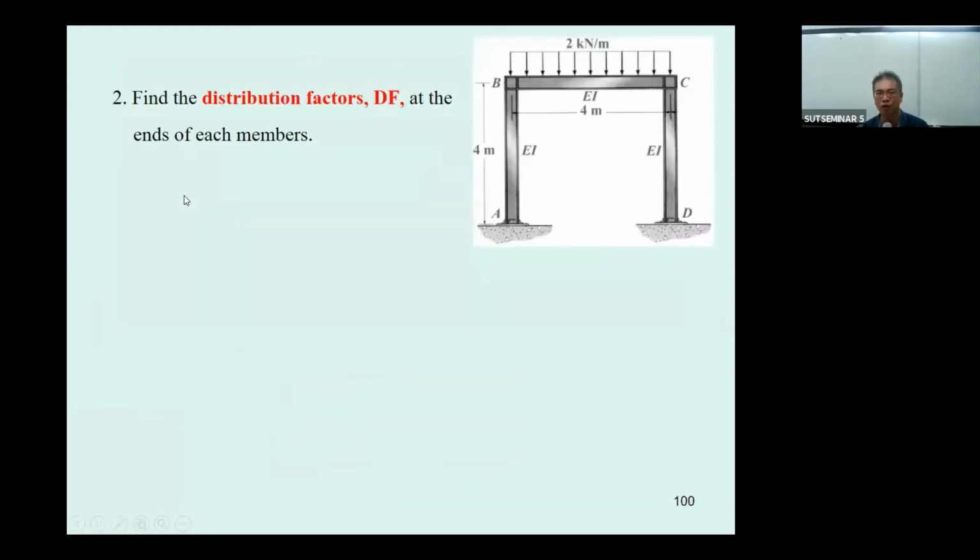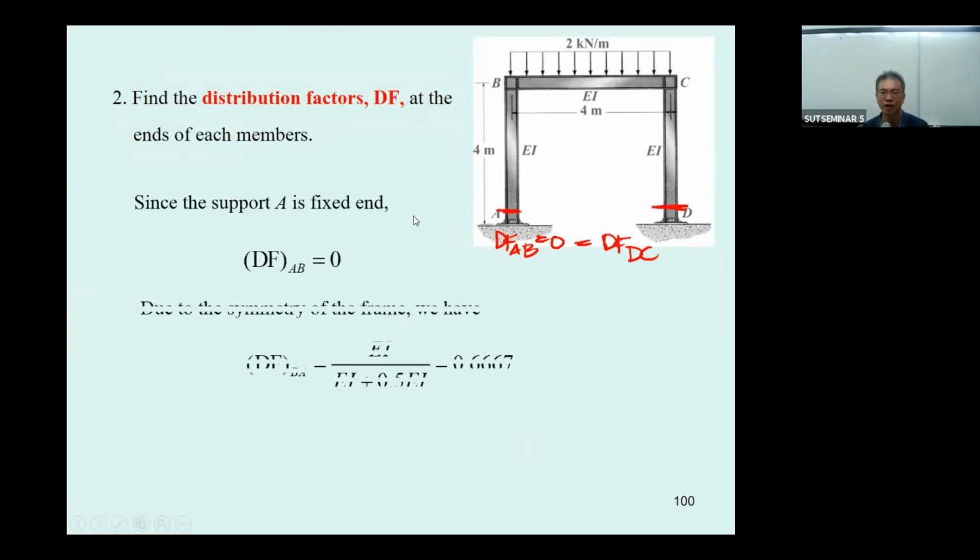And then we go further, the distribution factor for the fixed end. Distribution factor AB is going to be 0, and it's going to equal distribution factor DC. Okay, the fixed end. And then you go to the distribution factor for BA.